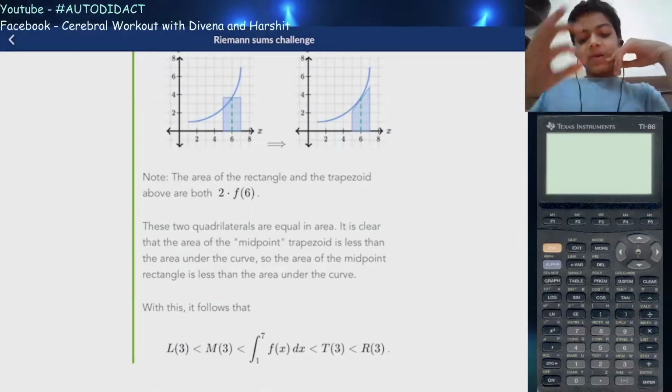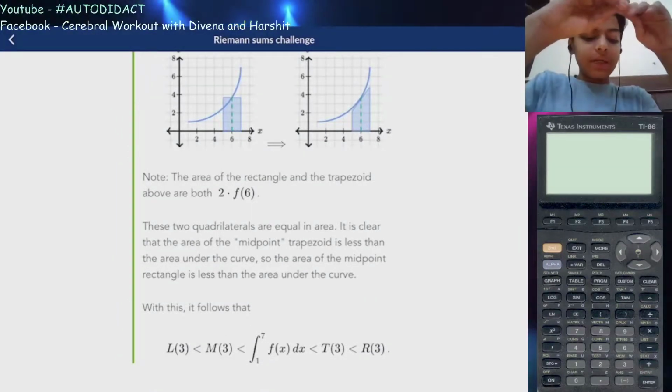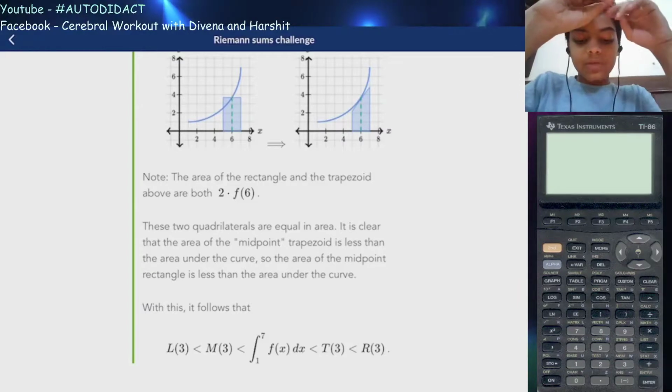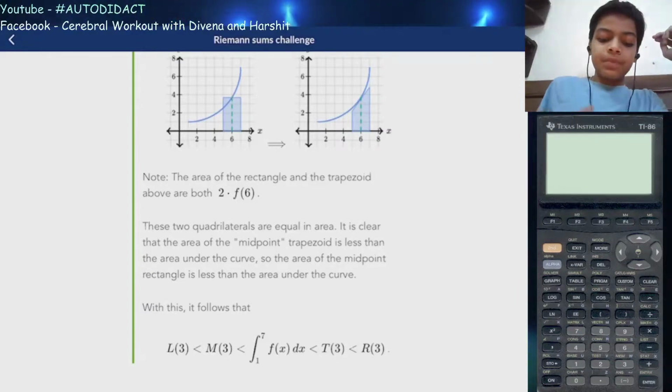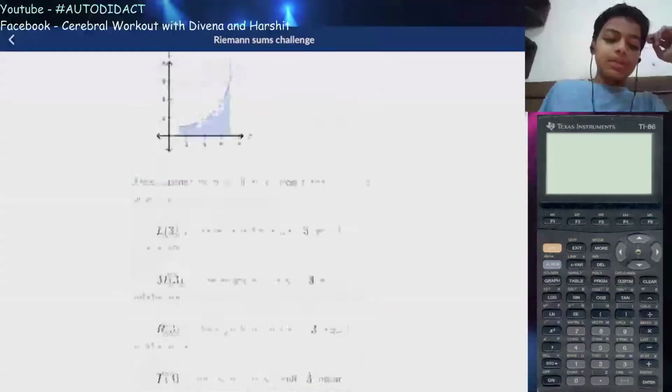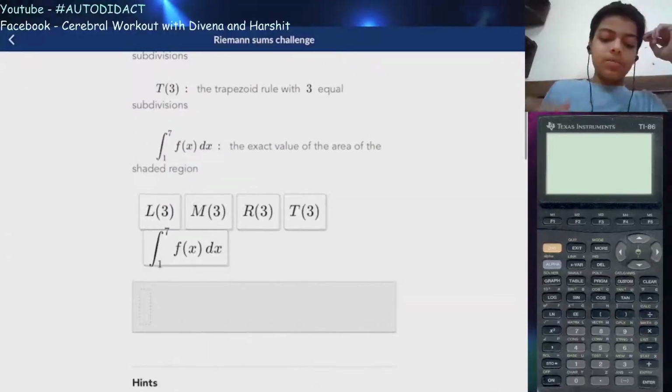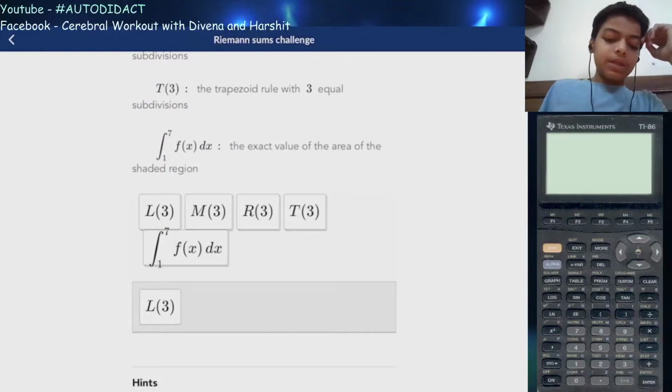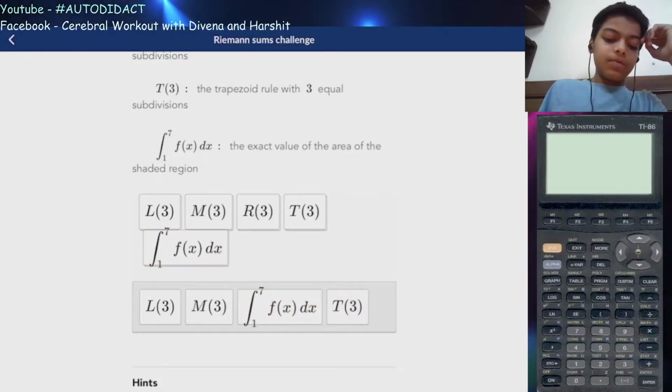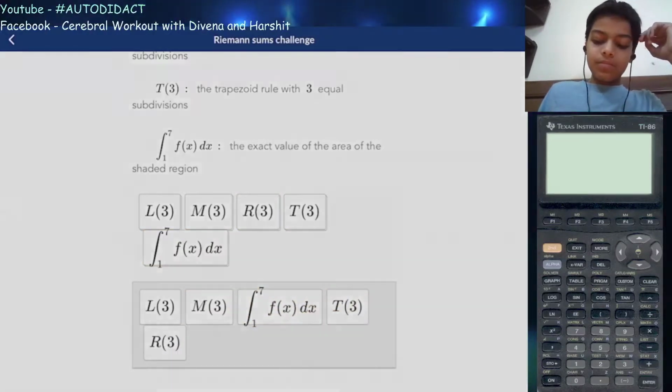It follows that L of 3 is smaller than M of 3, smaller than T of 3, which is bigger than that. First L of 3, then M of 3, then T of 3, followed by R of 3.